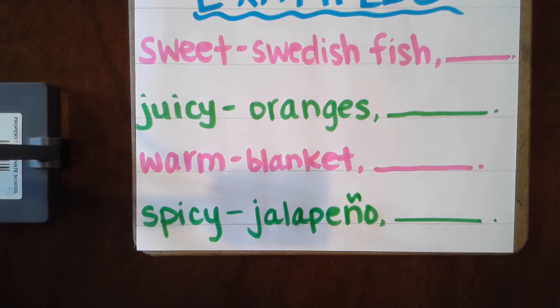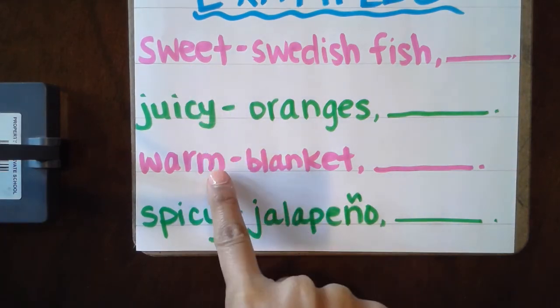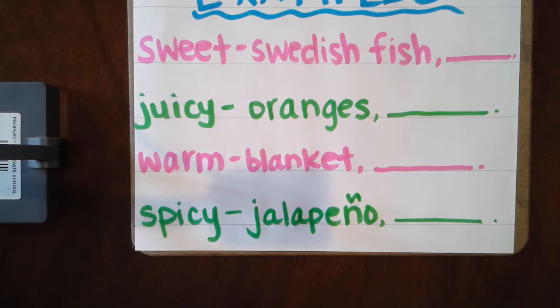Okay? And this concludes our anchor chart for real life connections. I hope this gives you an idea of how you can identify real life connections from words and how we use them. So for examples, we did sweet, juicy, warm, and spicy. There are so many other words that you come across during your readings or in class or in conversations with other people that help remind you of other things, such as enormous, tall buildings, or enormous elephants, and the list could go on.